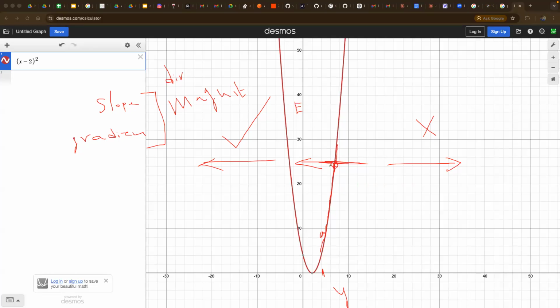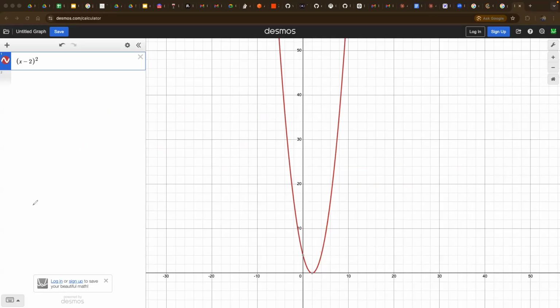So how do we calculate it? Let me clear all of it. Let us say this is one data point, and this is another data point. For this data point, x equal to 6 and y equal to 20.